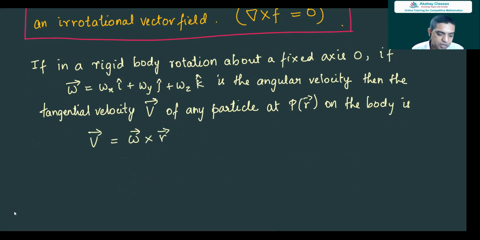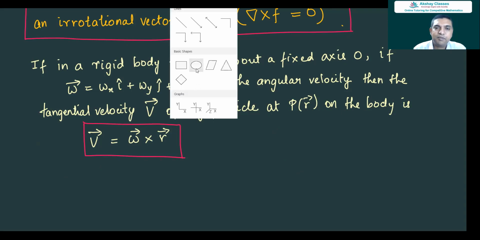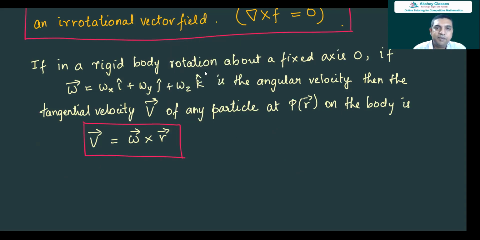V is omega cross r, which we know, we have done it. This is in physics. V is equal to r omega. We have done that in a plane. In the XY plane, there's a circular disk. We have done problems of this type.